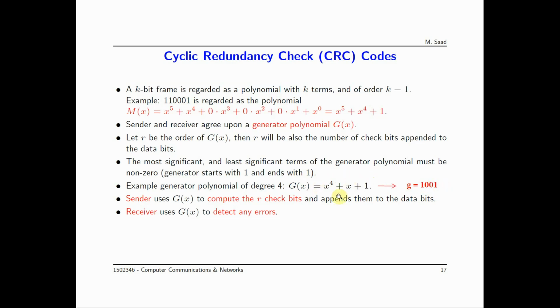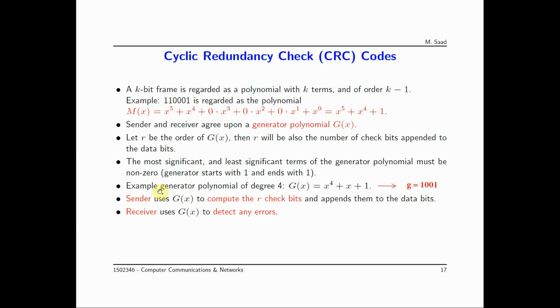So if we have a polynomial, we can easily come up with a corresponding binary sequence, or if we have a binary sequence, it is easy to find the corresponding polynomial. Now, bottom line again, if this is the generator polynomial, x to the power 4 plus x plus 1, or equivalently the generator sequence 1, 0, 0, 1, and this sequence is known and agreed upon between sender and receiver, what does the sender do with the generator?